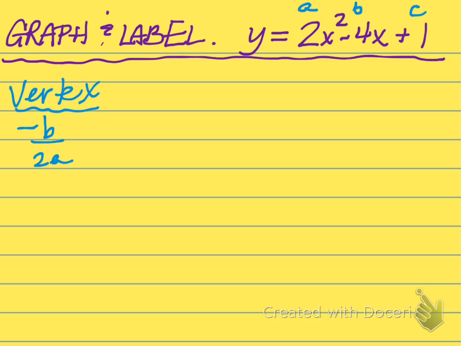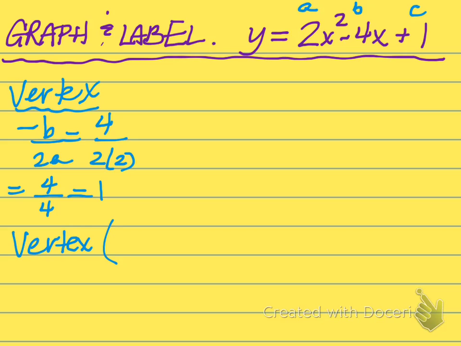So the vertex starts with negative b over 2a, which will be negative negative 4, which is positive 4, over 2 times 2. So our x coordinate comes out to be 4 over 4, which is 1.